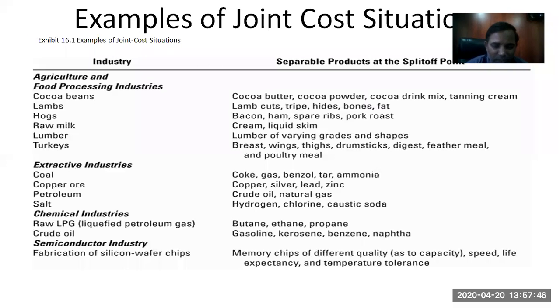That will make it easier for you to understand these are the products, these are the processing methods, and from this point the respective products are identified as separate products. There are cocoa beans, lambs, milk, coal, petroleum, salt, etc.